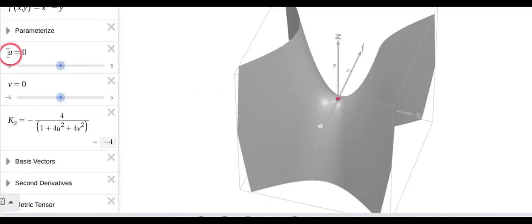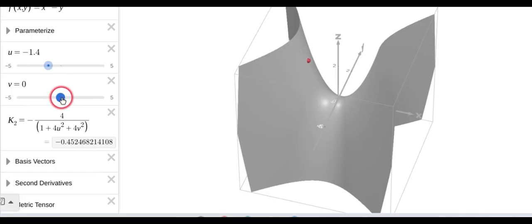Okay, so right now we've got our parameters u and v set at 0, 0. Right there it is. And here is, why did I call that K2? I don't know. Here is the Gaussian curvature, and it's a negative 4. Okay. And if you move off of this either that way or that way or this way or that way, let's go back up here to 0.